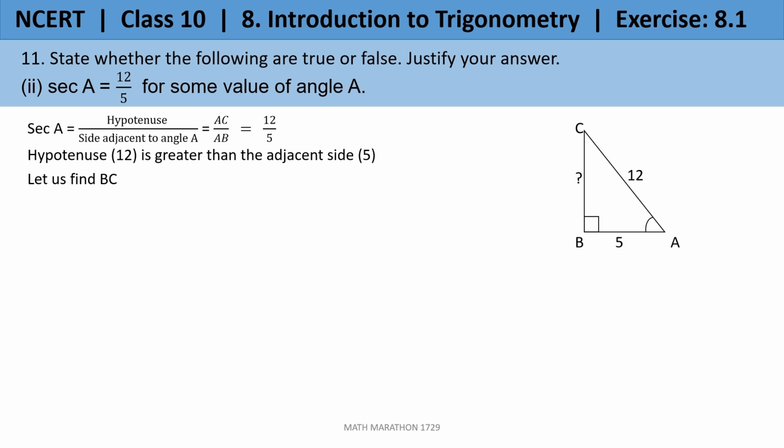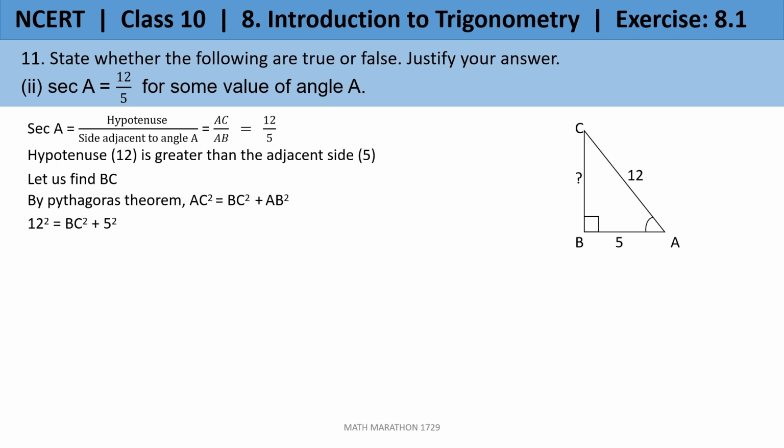Let us find BC. We can use Pythagoras' theorem. In a right-angled triangle, hypotenuse square is equal to the sum of squares of the other two sides. AC square is equal to BC square plus AB square. 12 square is equal to BC square plus 5 square.